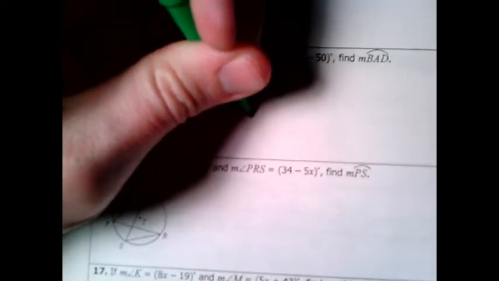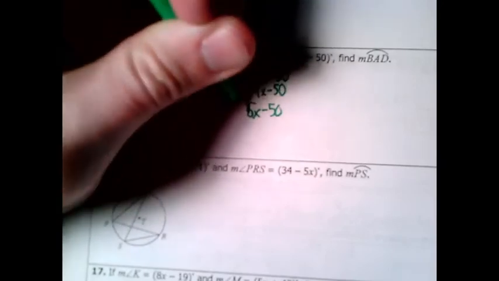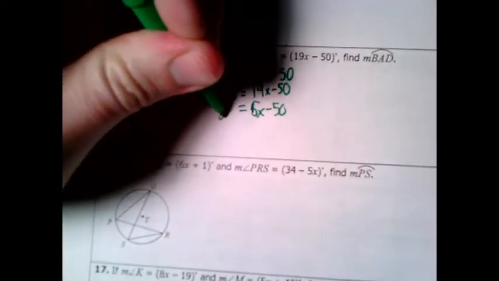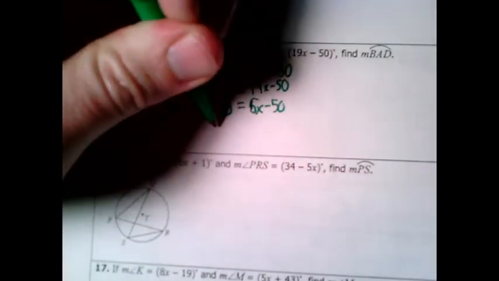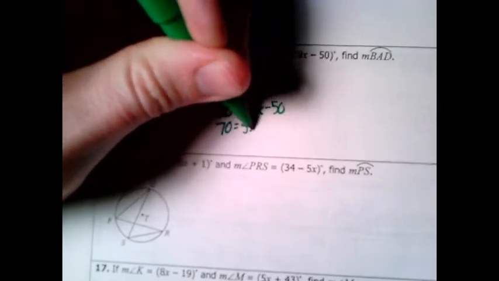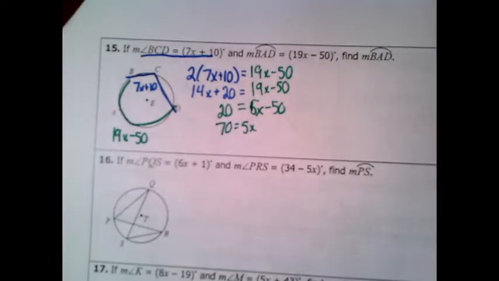So I'm going to subtract 14x over here. 19 minus 14 is 5x minus 50. That 5x is ugly, but it's a 5. I'm going to add 50 to both sides. So if I add 50 here, I get 70 equals 5x. And then I got to divide by 5. And when I divide by 5, I get 14.